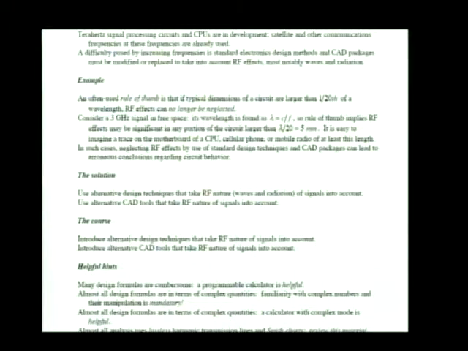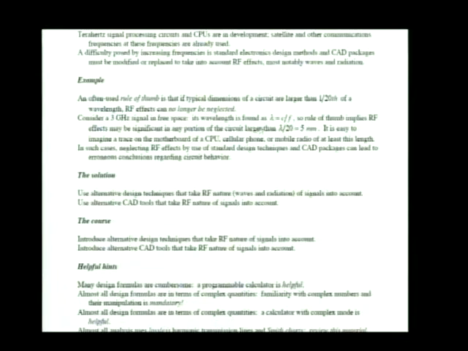But if I was in some other medium like water or Teflon or something like that, I'd have to use a different velocity of propagation. But let's make it simple. Let's just use a wave in free space. c divided by f, and plug in the numbers. c is 3 times 10 to the 8th. f is 3 times 10 to the 9th.